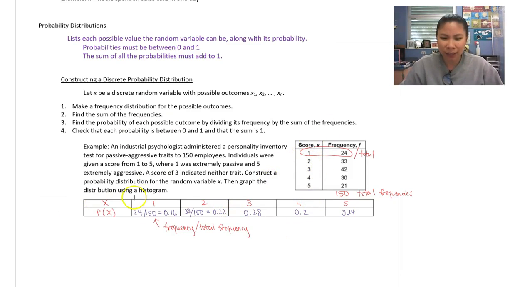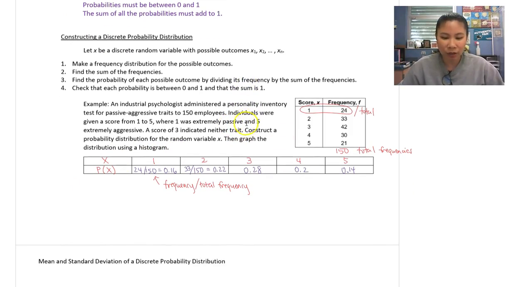So lastly, they ask us to graph the distribution using a histogram. So we're back to graphs. When we make a histogram, remember to label your axes. On the x-axis, it's going to be our score, x, because that was our random variable.